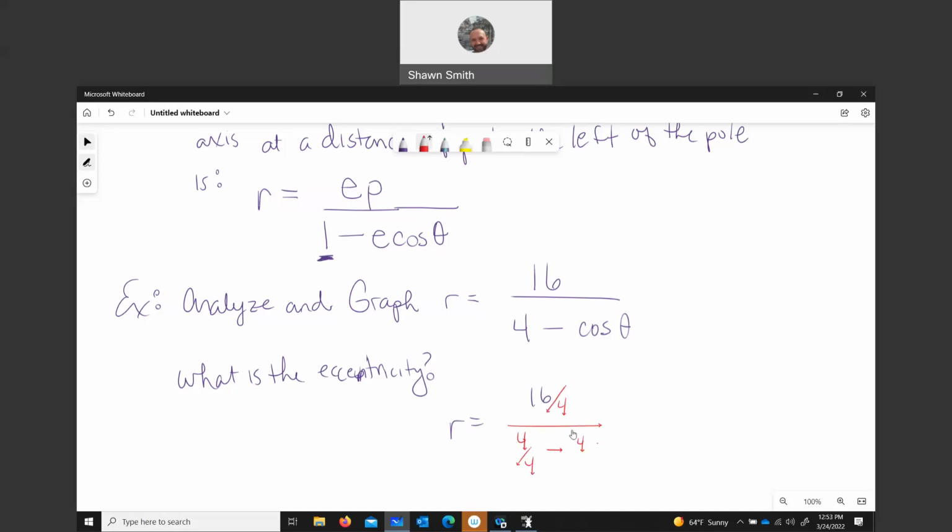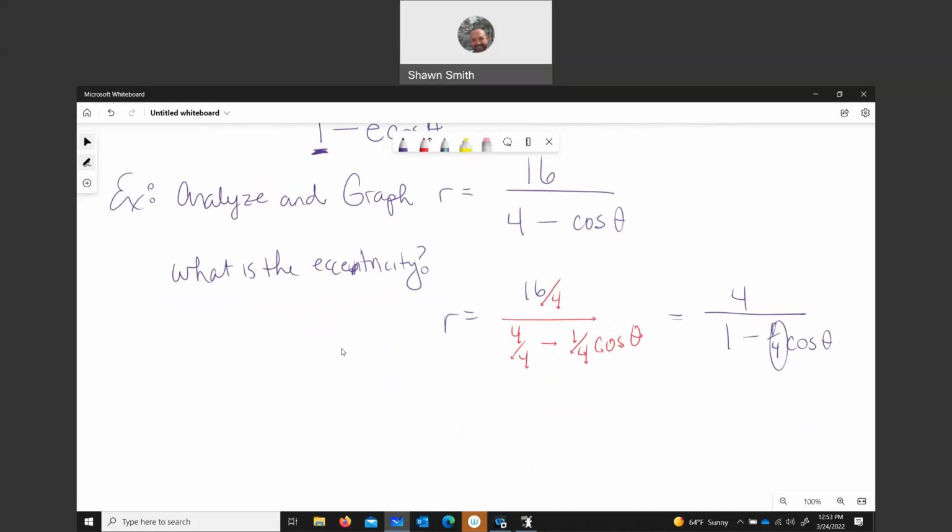1/4. So now that simplifies to 4 over 1 minus 1/4 cosine of theta. So there you go. You have 1/4 as your eccentricity. So e is equal to 1/4.